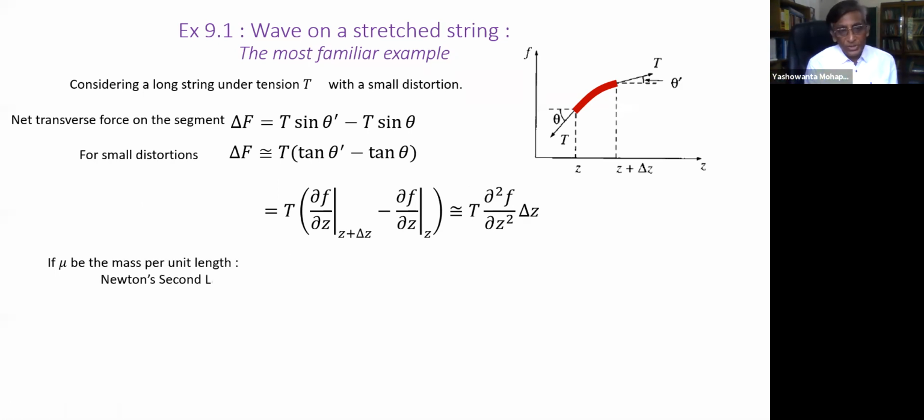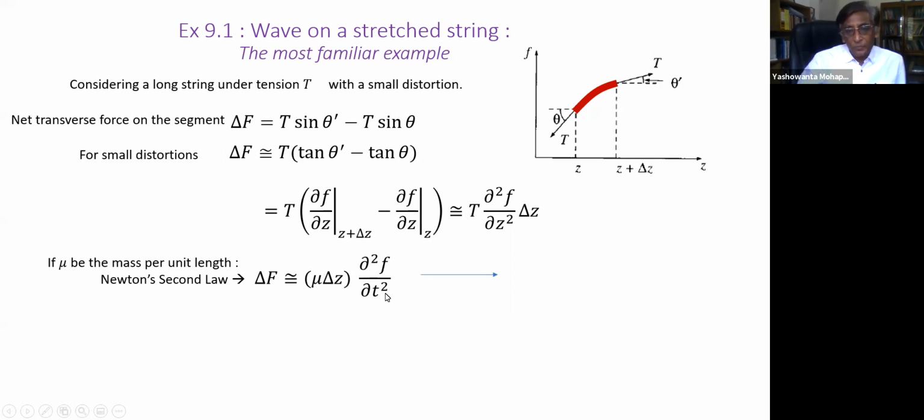But how about Newton's second law? Newton's second law will tell us that del f, the force, is of course, let mu be the mass per unit length into delta z, that's the mass for this little segment, and the acceleration, that is del square f by del t square.